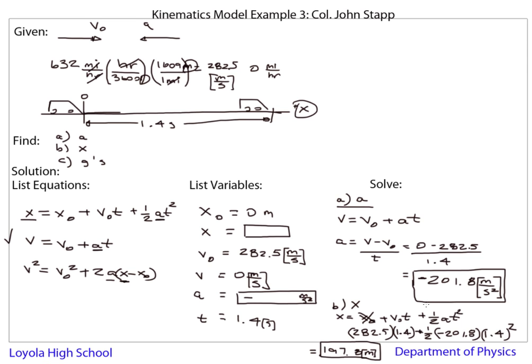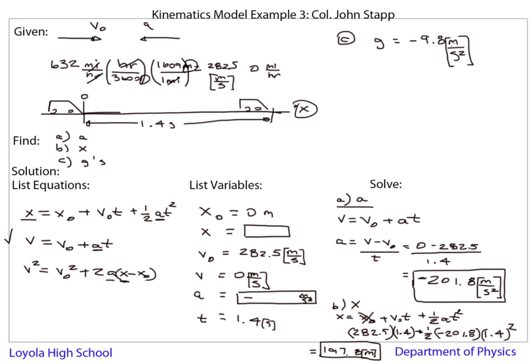Finally, how many G's is this? So I'll do part C up here. Remember that the g we use for the kinematics problems where we drop something is negative 9.8 meters per second squared. How many G's is this? When we compare to G's, we actually get rid of the negative, because for those vertical problems we're actually solving for something.